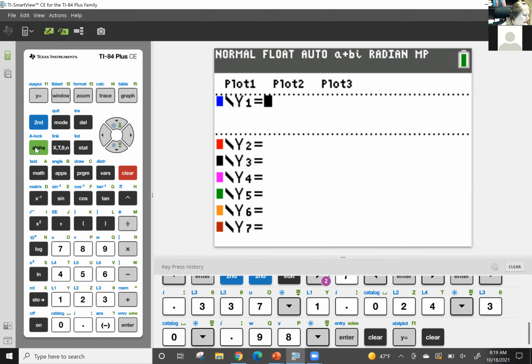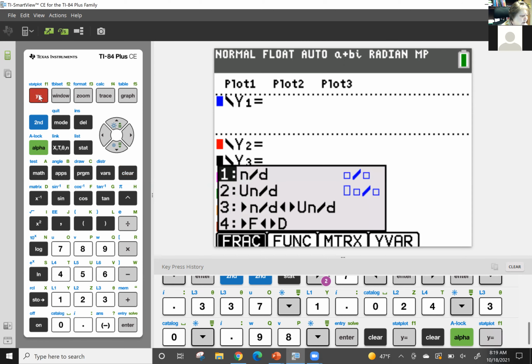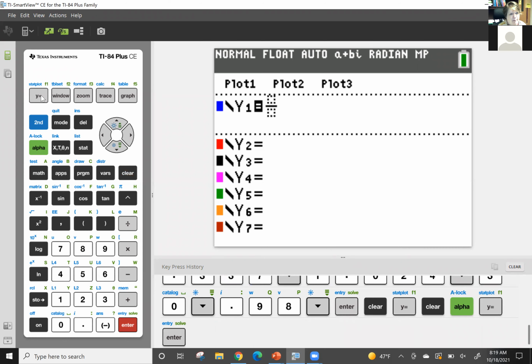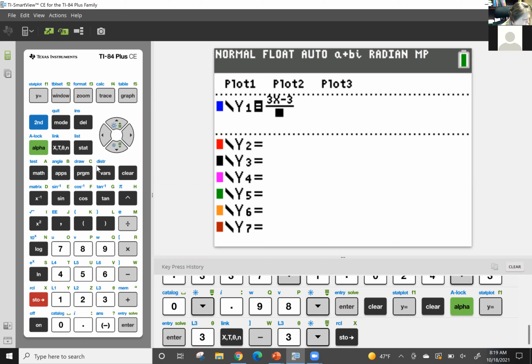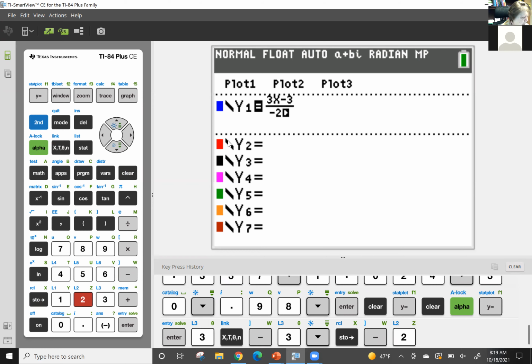So if I hit the alpha key and y equals, number one is my fraction. So I'm going to type in the 3x minus 3 in the numerator, and then I'm going to arrow down to my denominator and x minus 2. Okay, oops, I forgot my x, didn't I? Go back over there and get my x in there.